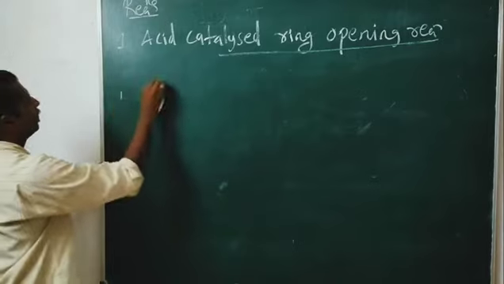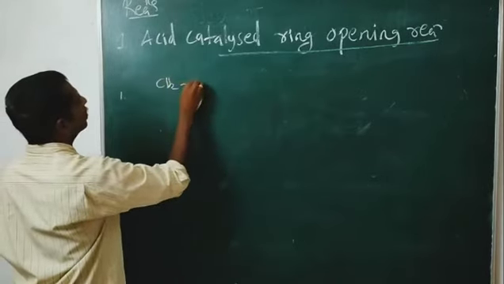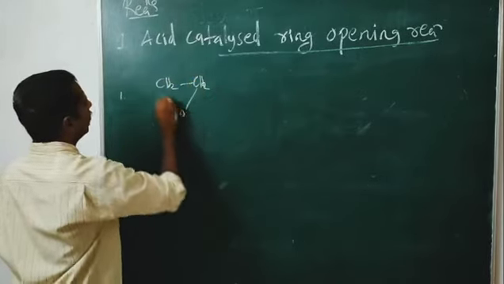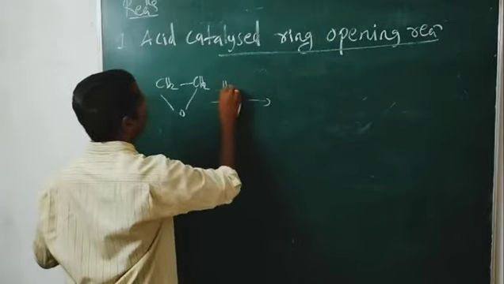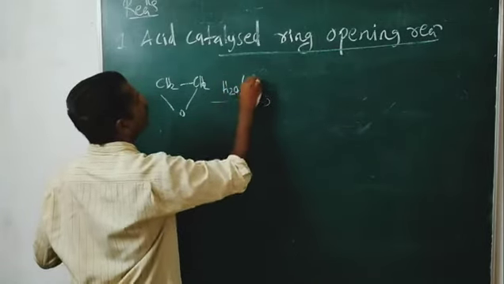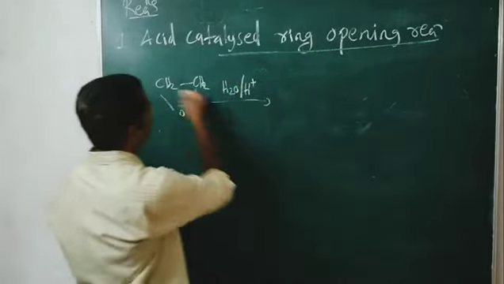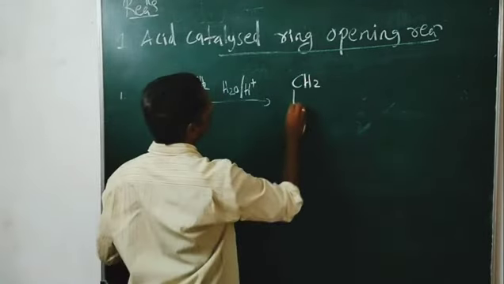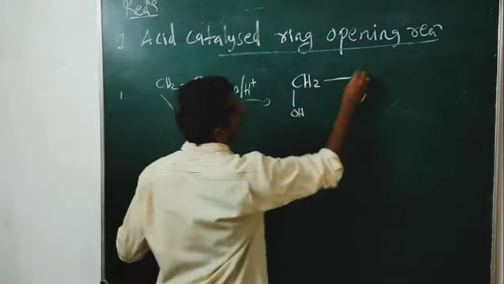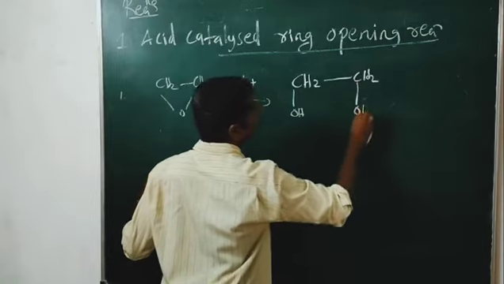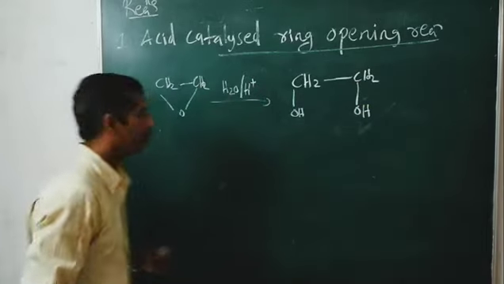Number one, look at here, ethylene oxide reacts with acid hydrolysis, H2O, H plus, we get CH2OH and CH2OH, glycol, ethylene glycol. First reaction.